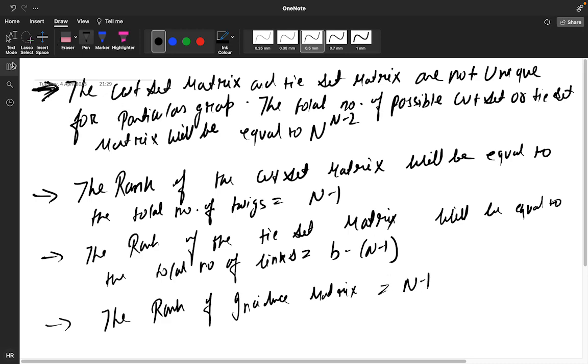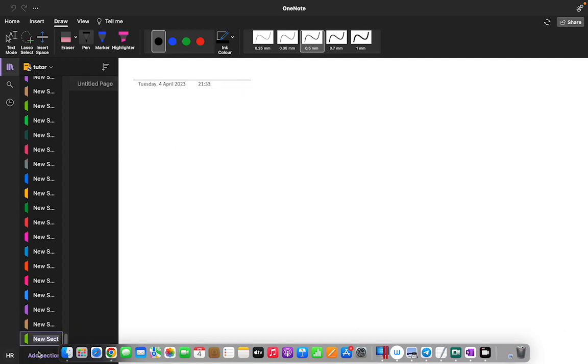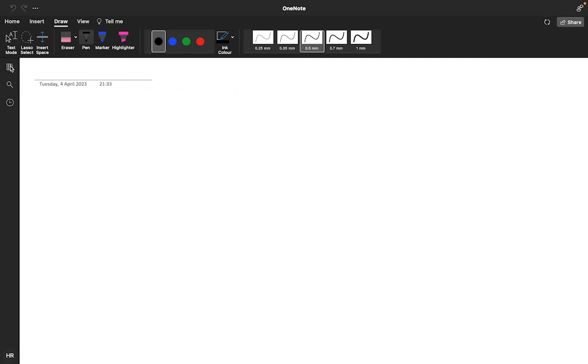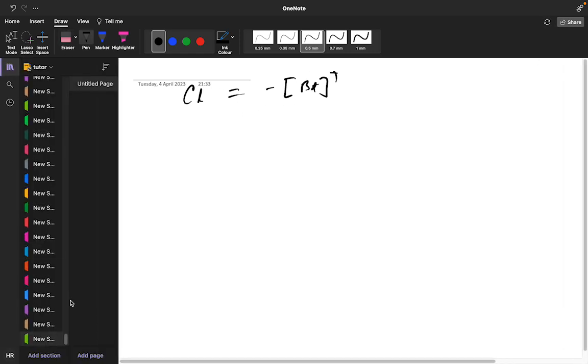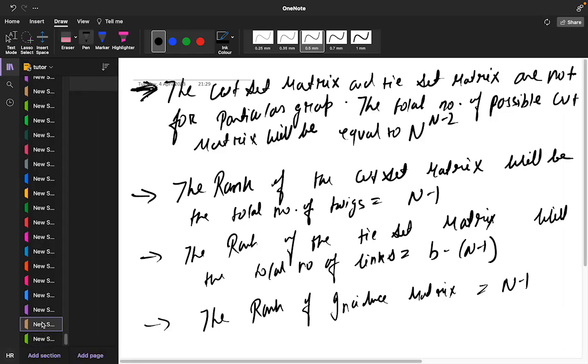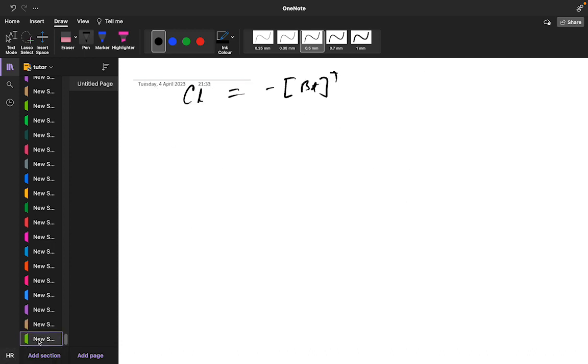Now I will give you one proof. The last proof: C_L is equal to minus B_T transpose.